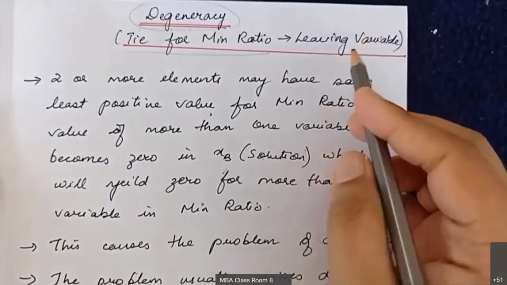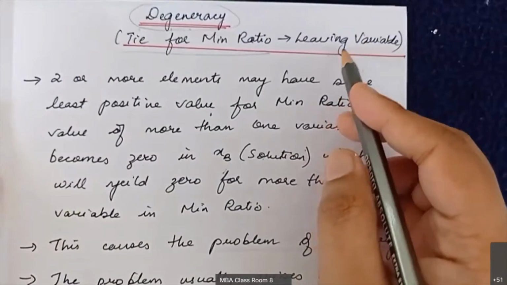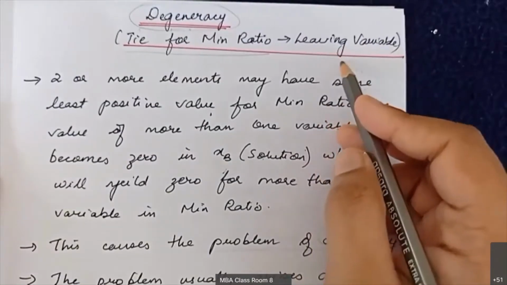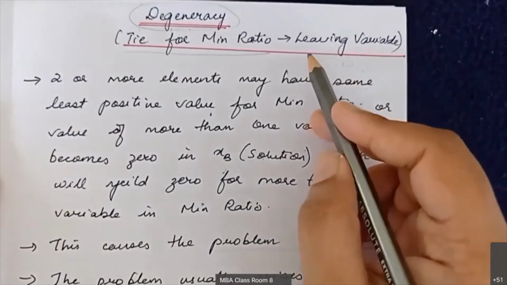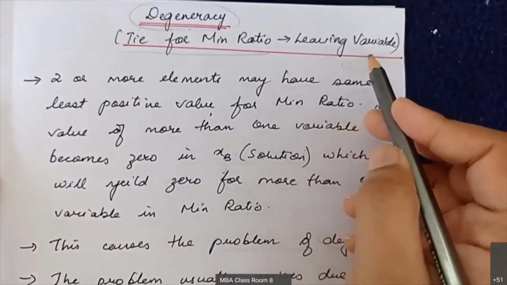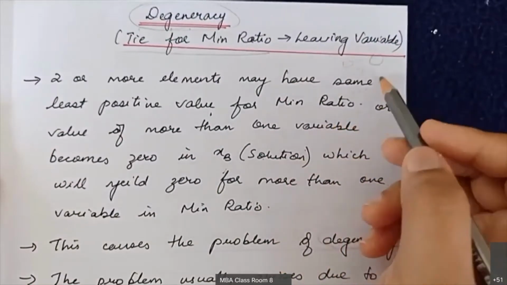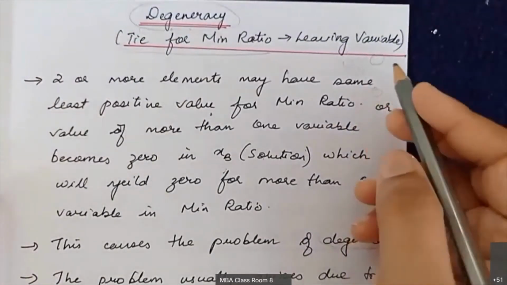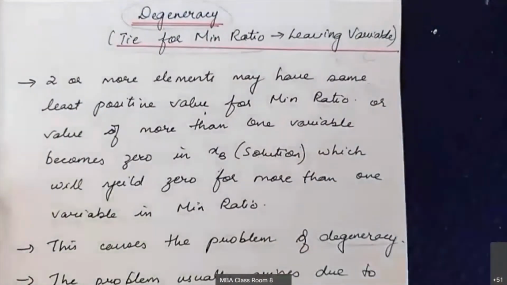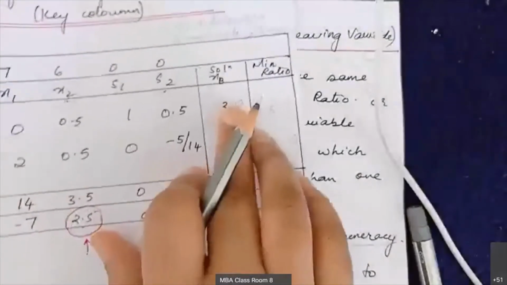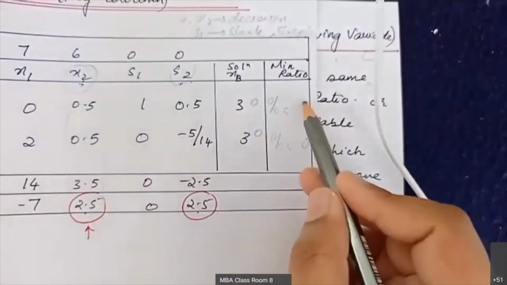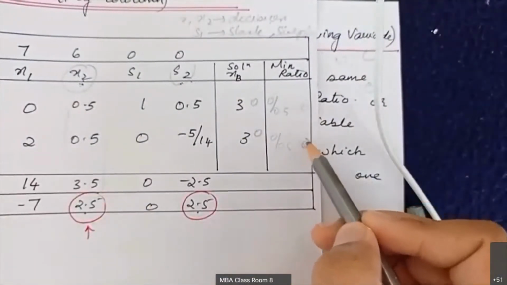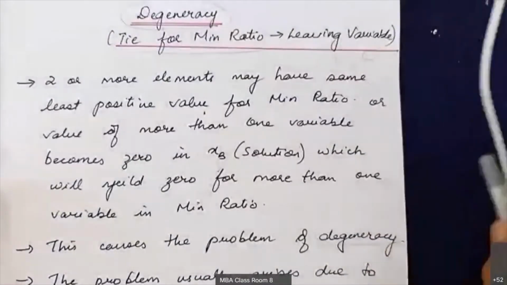Just now I showed you, when the solution column or XB column has 0 and you divide it by the key column, you will have the minimum ratio as 0. So any two rows, if they have 0, then we have a tie. Over here you have two rows having the same value 0, so they are having a tie. Such a situation is called degeneracy.